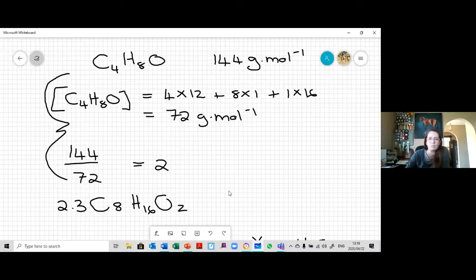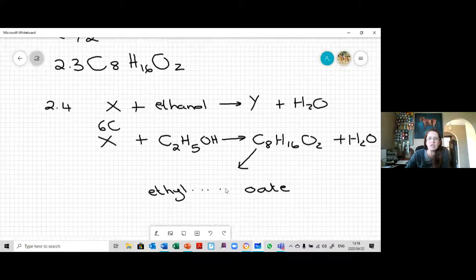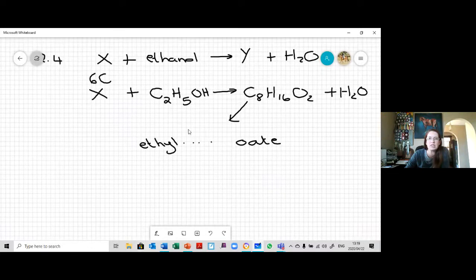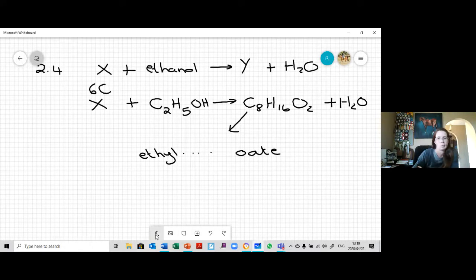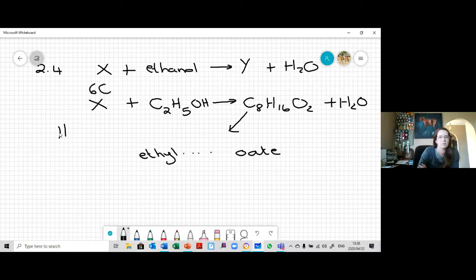Okay, let's get back to this naming problem here. Okay, so we know that this thing needs 6 carbons. Okay, which means this thing here should be hexanol.